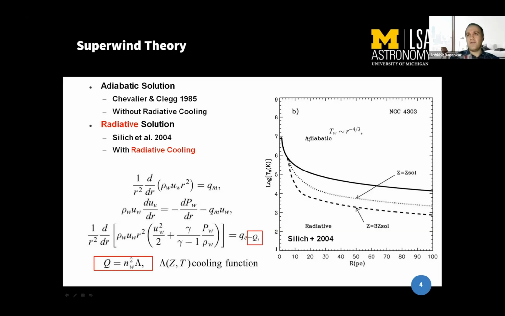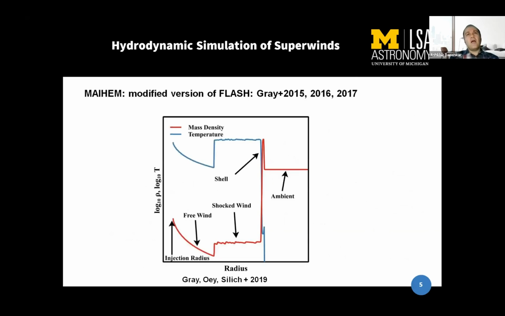Here you see the difference between the adiabatic and the radiative solution, and you see that higher metallicity contributes to strong cooling in this cooling curve of the superwind. Here is the typical density profile and temperature profile of a superwind and superbubble.